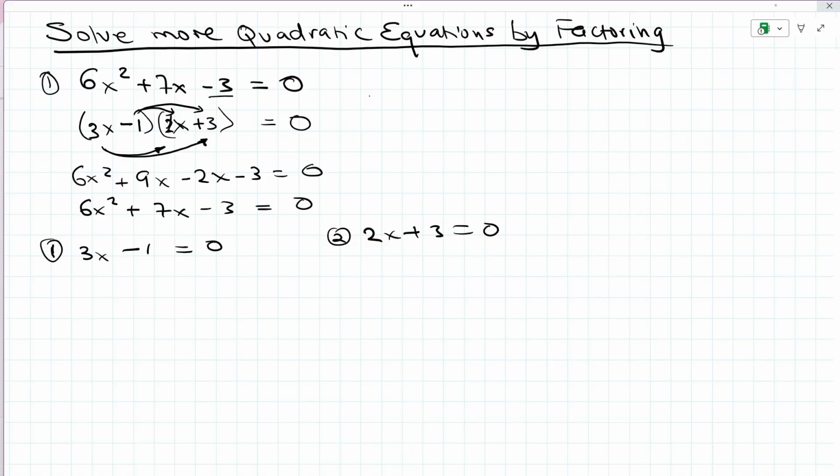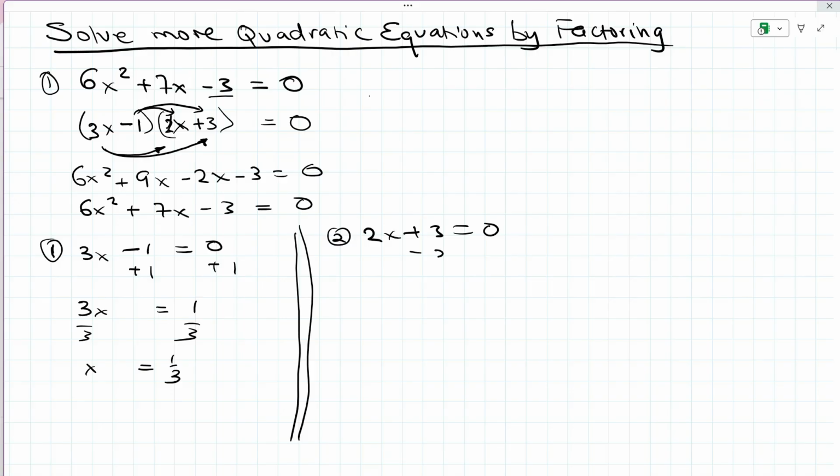So we can now solve for x. On this side we have plus 1 on both sides. What you do to one side of an equation, you must do to the other. So we are left with 3x here, which is equal to 1, and when we divide by 3, x will equal 1/3.